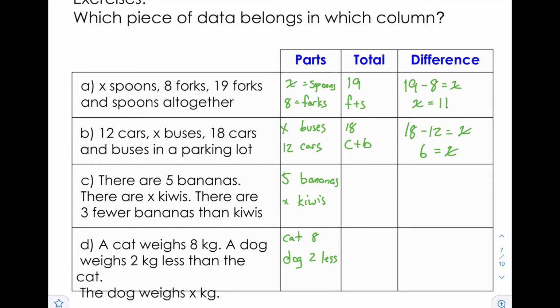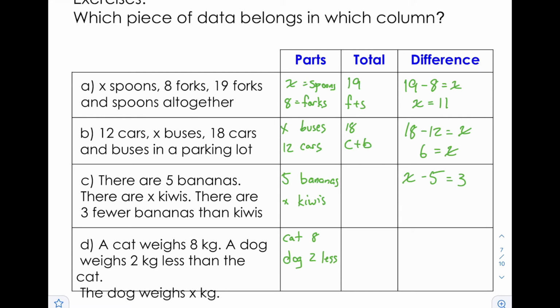There are 5 bananas, there are x number of kiwis. There are 3 fewer bananas than kiwis. So if we do kiwis minus 5 bananas, that will give us 3.